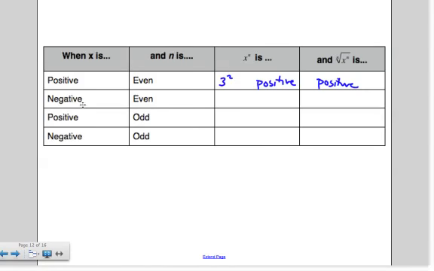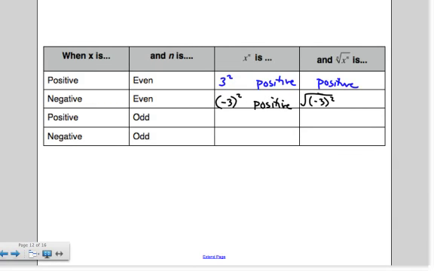So here's another example. If I have a negative number raised to an even power, like negative 3 squared, then negative 3 squared is positive. And this is the square root of negative 3 squared.